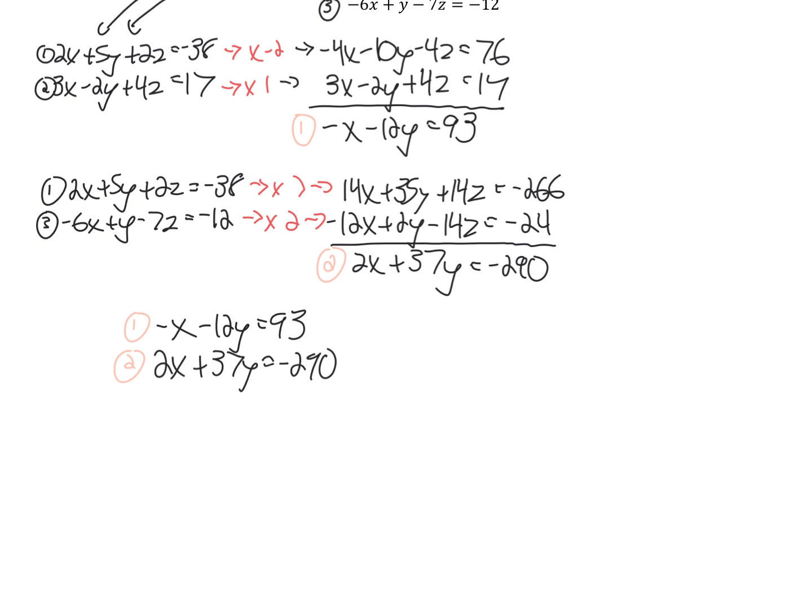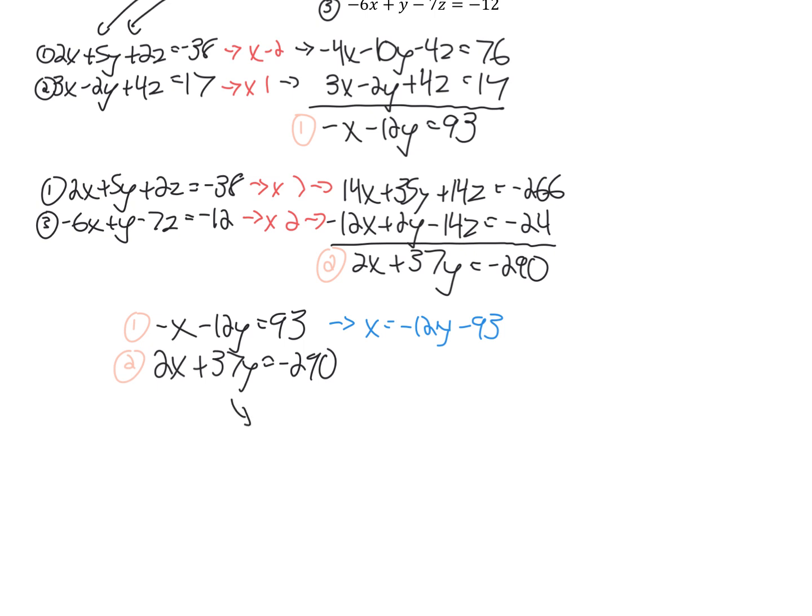So if I solve this for x, we get x equals negative 12y minus 93. And so what we're going to do is take my second equation, which is 2x plus 37y equals negative 290, and plug that in.